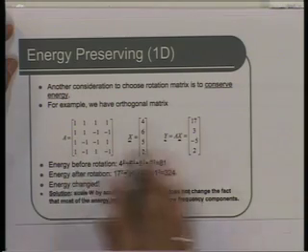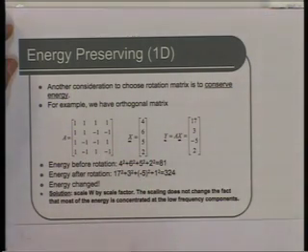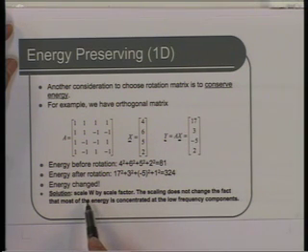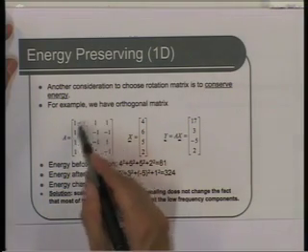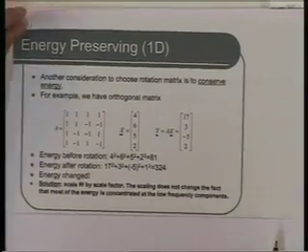We want the energy after transformation to also be conserved. This can be very easily done by scaling the orthogonal matrix by a scale factor. The scaling does not change the fact that most of the energy is concentrated at the low frequency components.